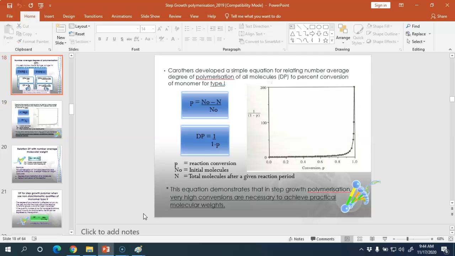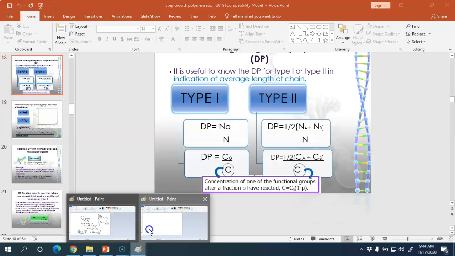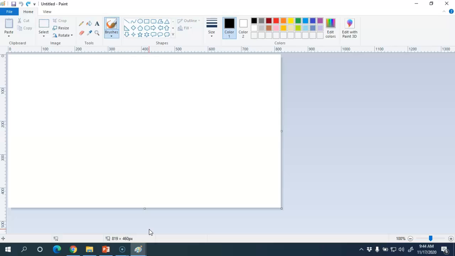So I will show you another example. Let's say you have 98% conversion. Find the degree of polymerization that the polymer has achieved. You just substitute: Xn equals 1 over 1 minus P. And P, the extent of the reaction, must be less than or equal to 1.